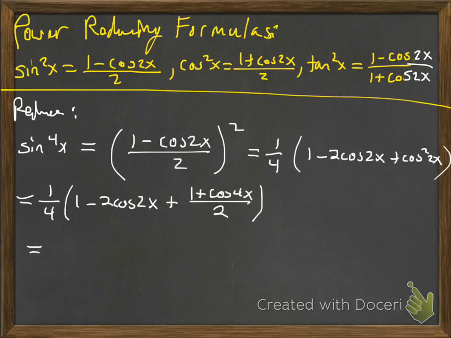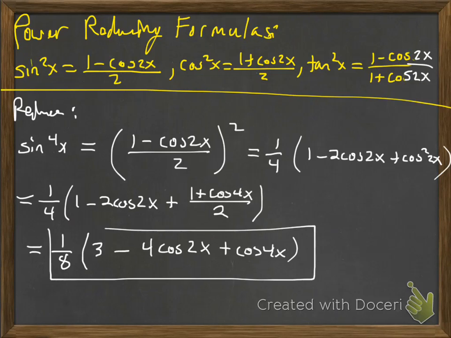So it's going to be 1/4, I'm sorry, not 1/4, 1/8, and then 3 minus 4 cosine 2x, and then plus cosine of 4x. And that's something that later in calculus that'll be a lot easier to integrate than the sine to the 4th of x, because we'd be kind of stuck with it there. So this makes that a lot nicer.